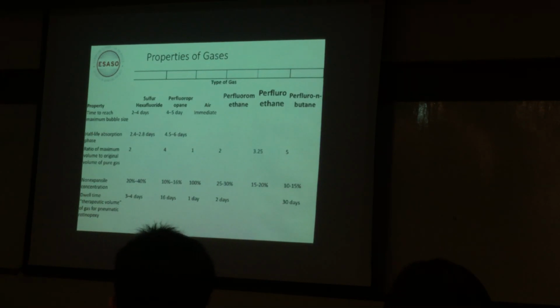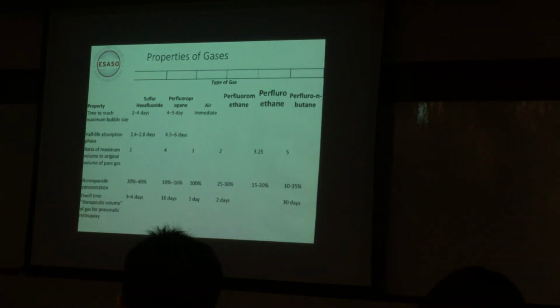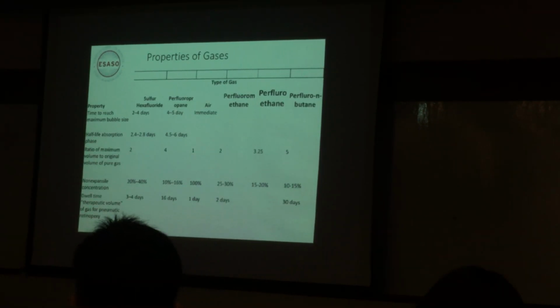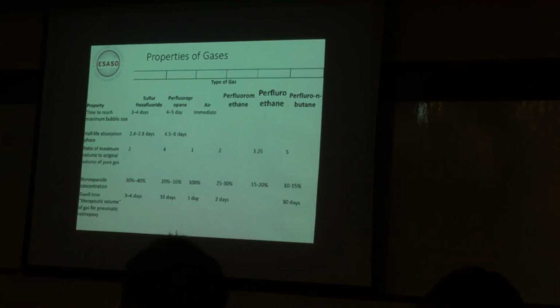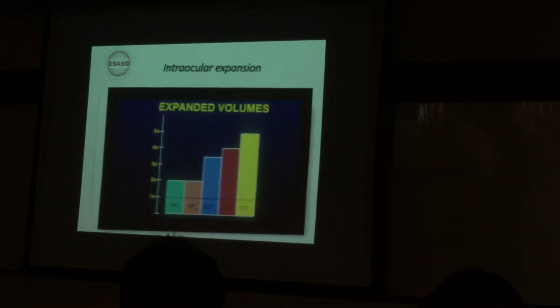And the dwell time, that means the therapeutic volume, when it reaches the maximum size, will have its maximum effect, for example, in cases of pneumatic retinopexy. So this is comparing sulfur hexafluoride, perfluoropropane, air and perfluoroethane. Okay? The rest are usually not used.